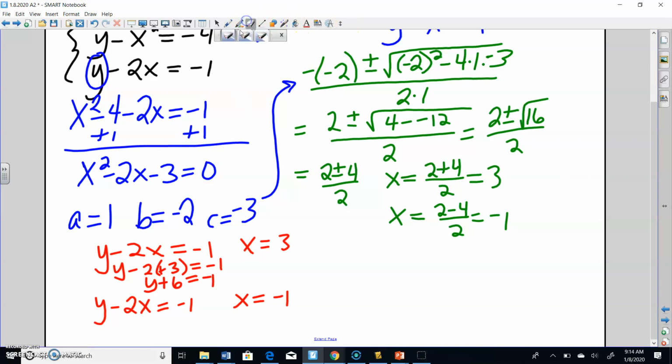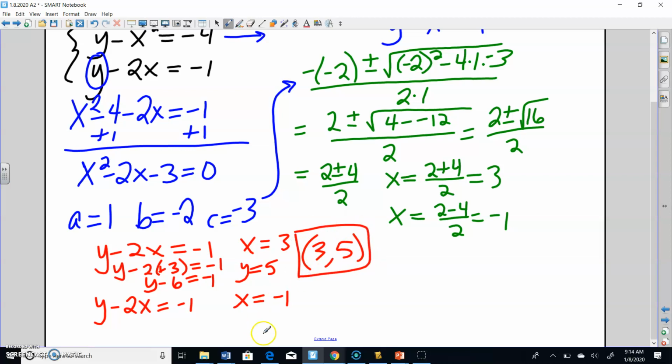I'd say I did that on purpose, but I didn't. So it's minus 6, right? Okay. And then I'm going to add 6 over, so that's going to give me y equals 5. Is that right? Okay. So y equals 5. That's going to give me the point 3, 5. When x is 3, y is 5.